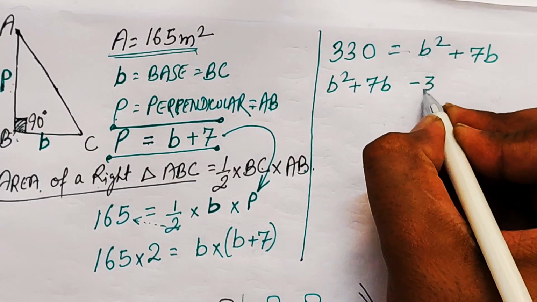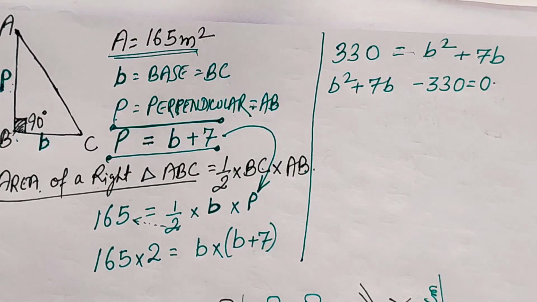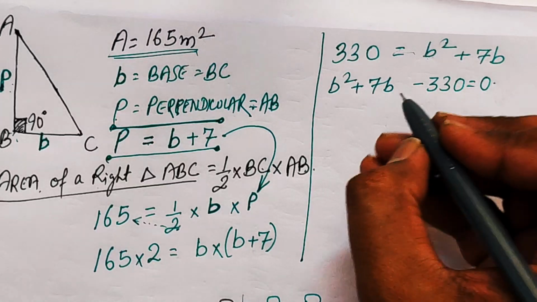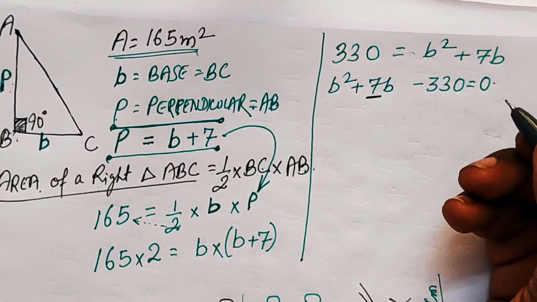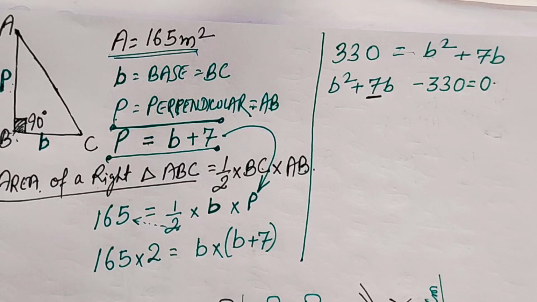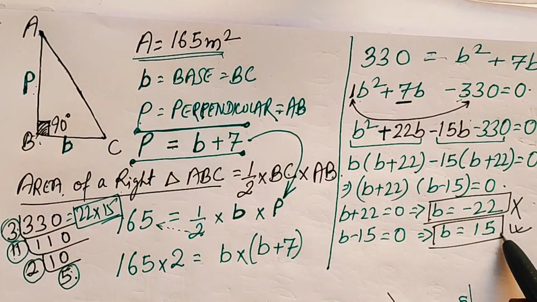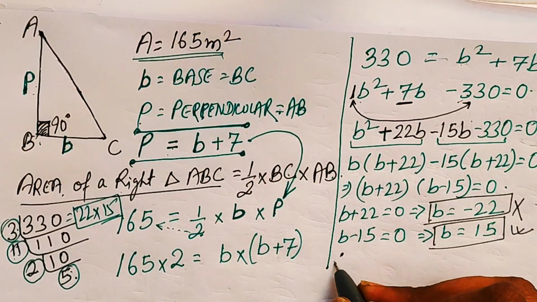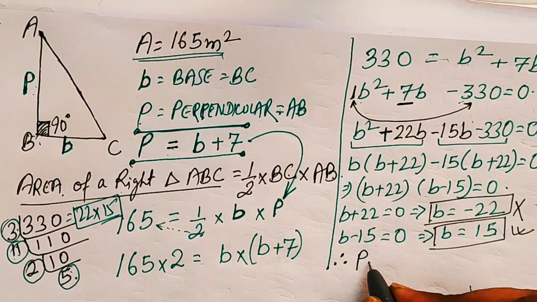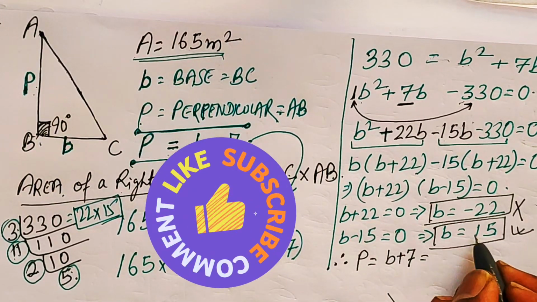So just split the middle term. The middle term is 7, and the product of the first and last term numbers, that is 1 and 330, is 330. Just draw the factors. The factors are 22 and 15. So splitting the middle term, we get the value of base as minus 22 and 15.